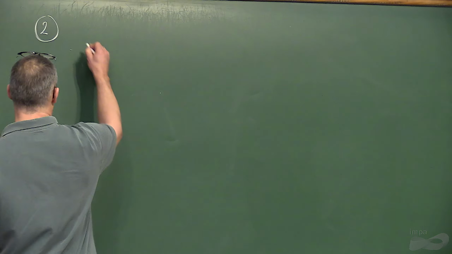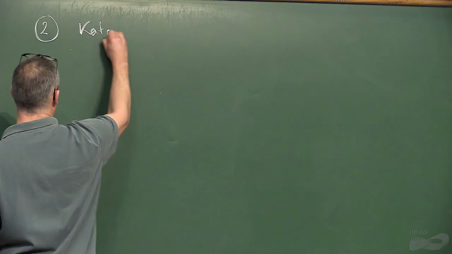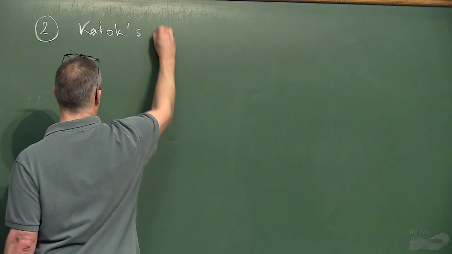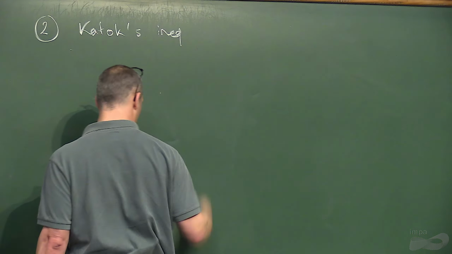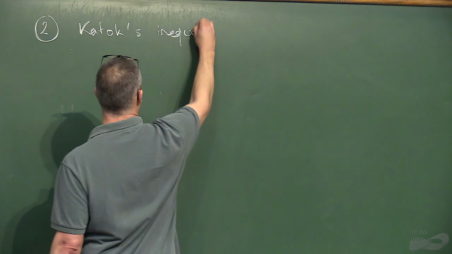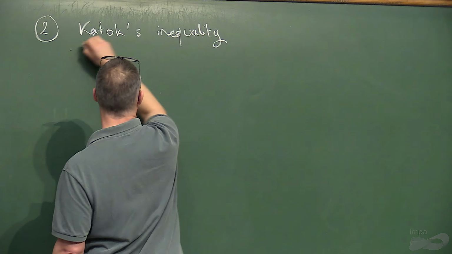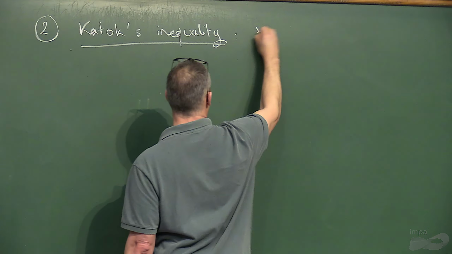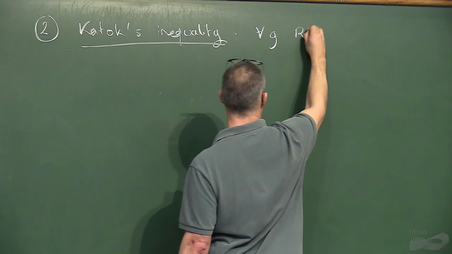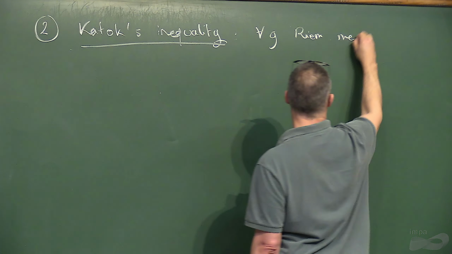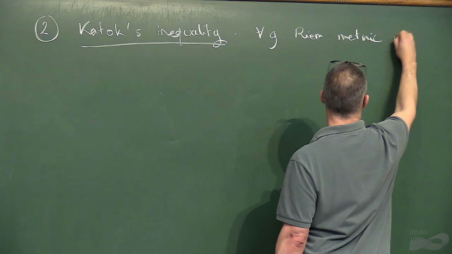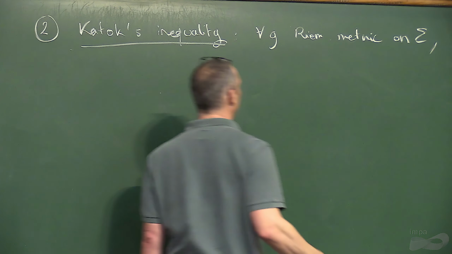You have the Katok inequality, which says that for any Riemannian metric that you put on sigma, the following is true.